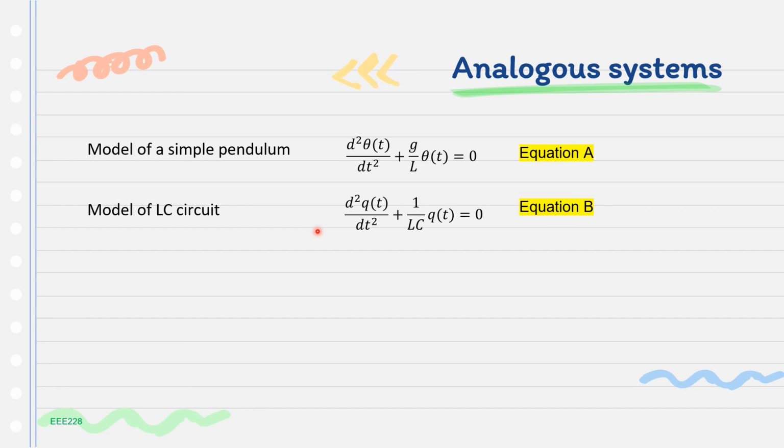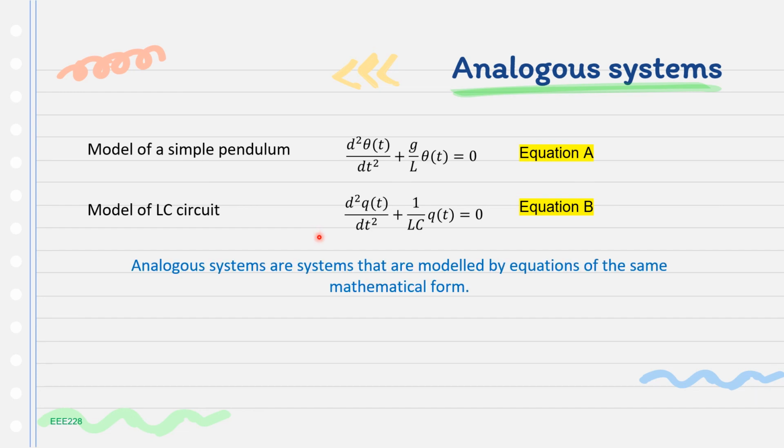So we can say that both of these equations have the same mathematical form. Analogous systems are systems that are modeled by equations of the same mathematical form. So we can say that equation A and equation B are analogous systems.